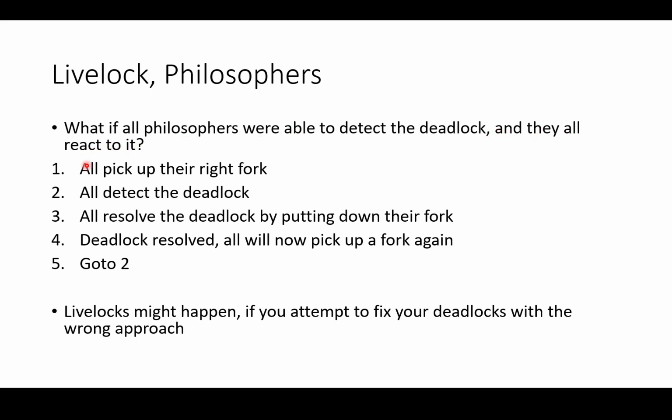So they would all pick up the right fork, they all detect the deadlock, they also reset by putting the fork down again. The deadlock is resolved, but now they all want to pick up the fork again, and so we're back in a deadlock, and so we go back to step 2, where they detect the deadlock, they resolve it, they reset, they put down the fork and pick it up again. So if we're not careful when we try to solve a deadlock, we might introduce a livelock instead.